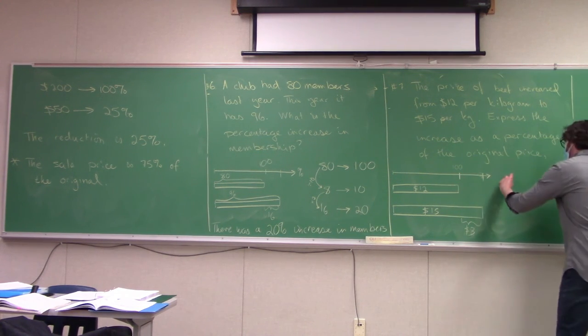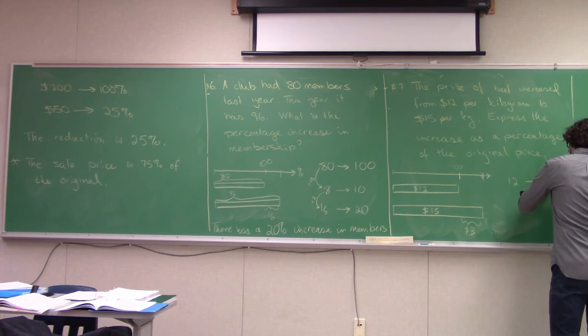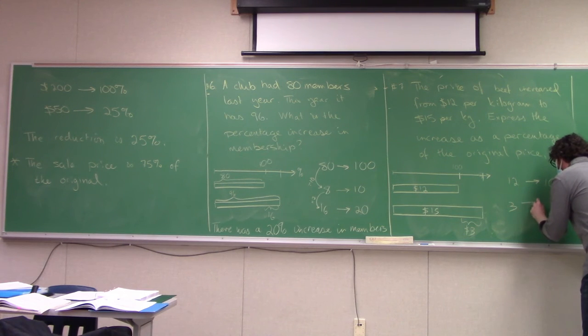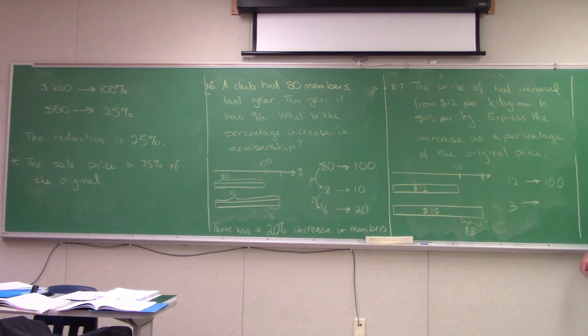Okay, so I know that 12 corresponds to 100%. And I want to say 3 corresponds to what? 25%. Now how do we get that? How do we know we should put a 25 here?